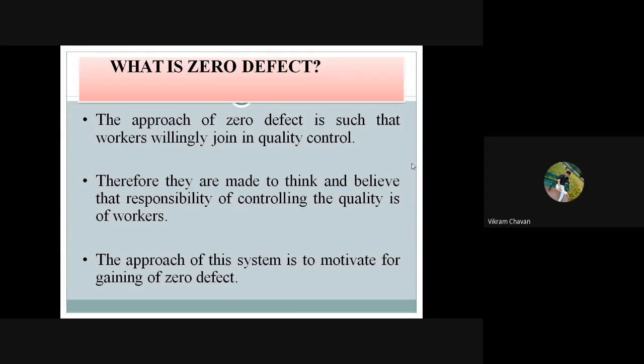Also the customers will be satisfied. If any defective product reaches the customer end, it will hamper the image of the industry, and the customer will be unsatisfied with that product. Because of that, zero defect is an important terminology, and the company wants to work on it.